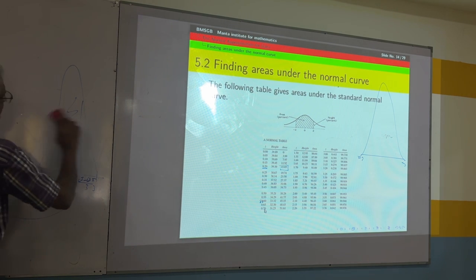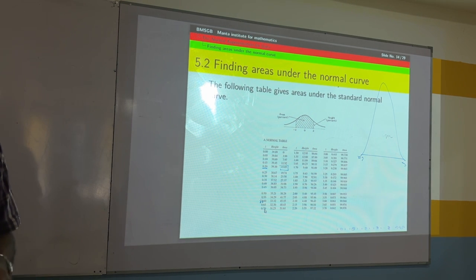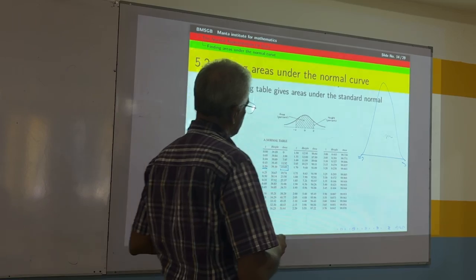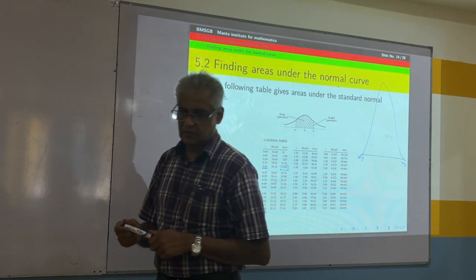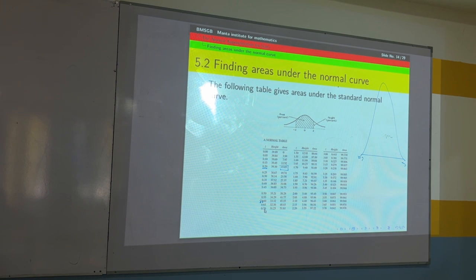So let me take 1 or 2 examples. Right? Only what we need is that table. So actually these are called standard normal tables. In different books, these tables are given in different ways. In some tables, they give you the area, all standard normal distributions are roughly between minus 3 and plus 3.